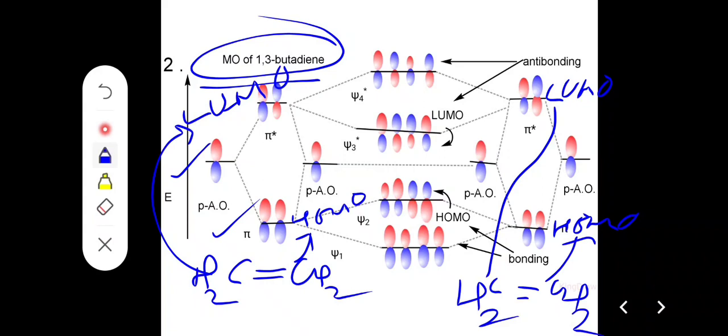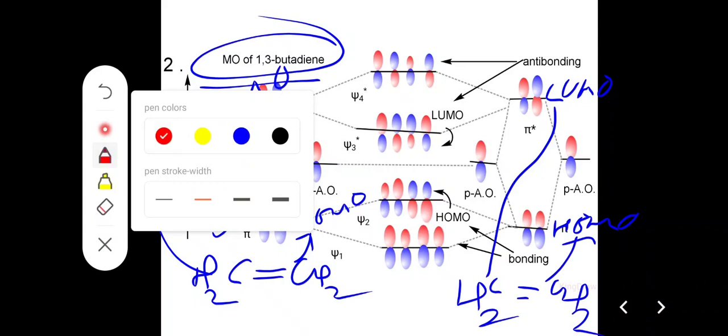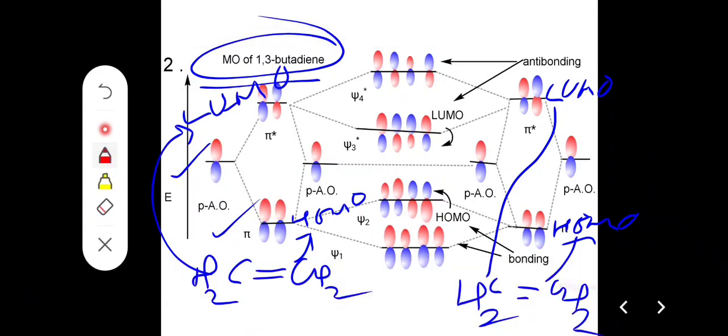Now we consider their combination, we produce butadiene. So we get Psi1. This is only a molecular orbital, this is not the HOMO. Psi2 is the HOMO because it is the highest molecular orbital which has electrons.